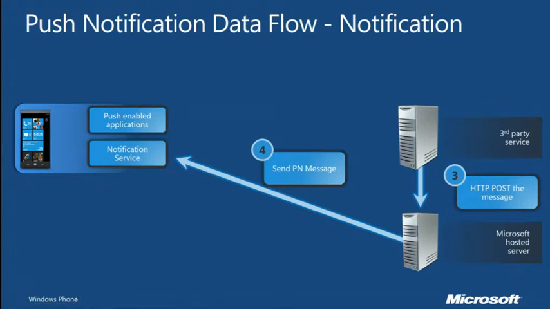So there's 3 different kinds of push notifications. There's a standard tile update, which would just update your live tile, nothing else. It won't trigger any processing. There's a toast notification, which will just display a message across the top of the device. And if the end user taps on it, it will launch your application, which you could use to then trigger, you can then process that because you will get a message saying the application was launched from a toast.